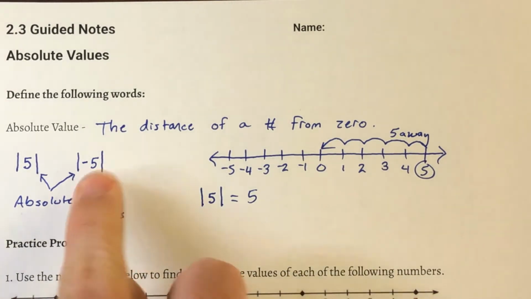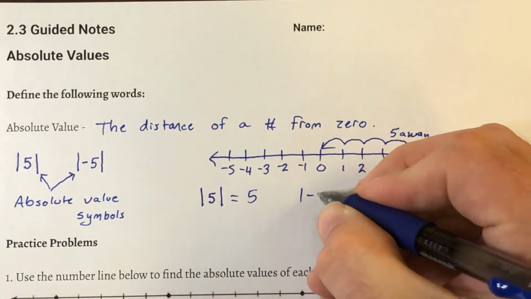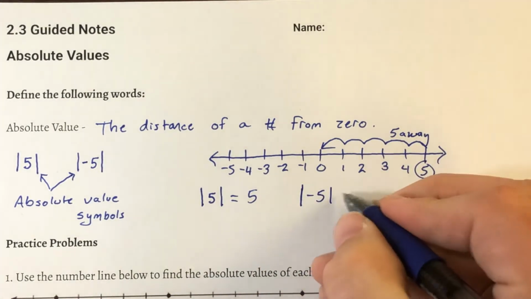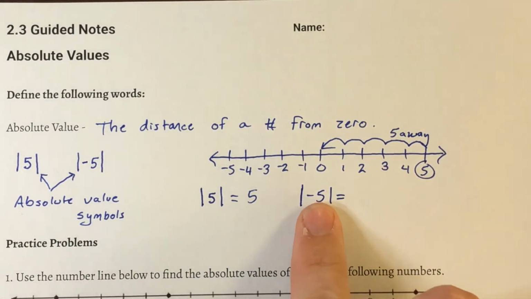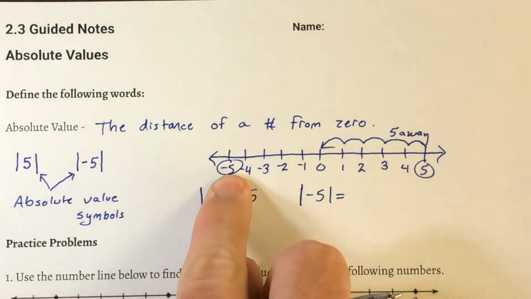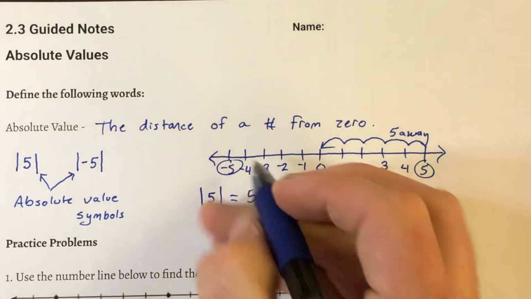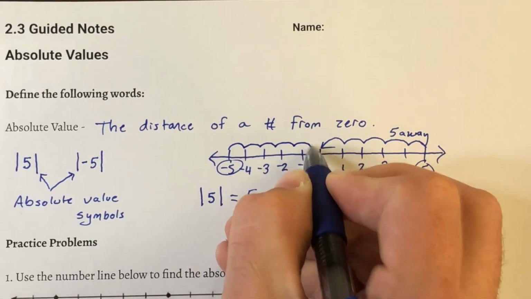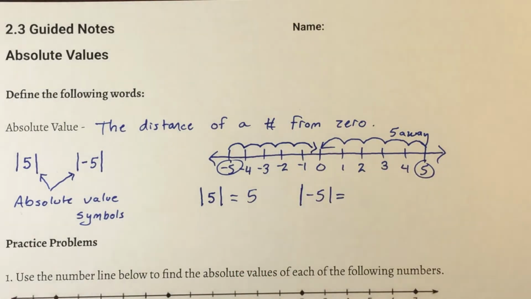Our next problem, absolute value of -5. We're basically asking, how far is -5 from 0? So -5 on a number line is the smallest number up here on the number line. How far is it from 0? 1, 2, 3, 4, 5 away. Also, from the opposite side.